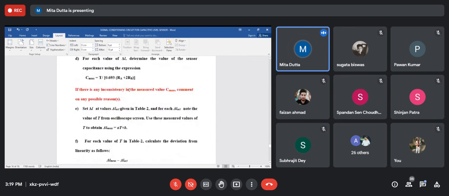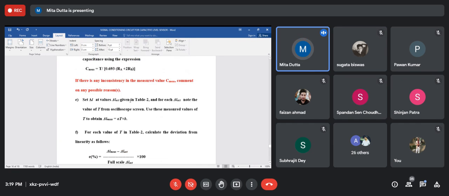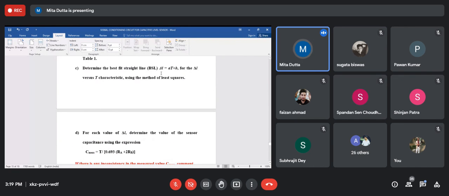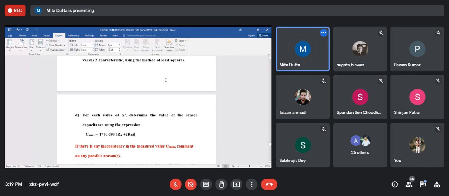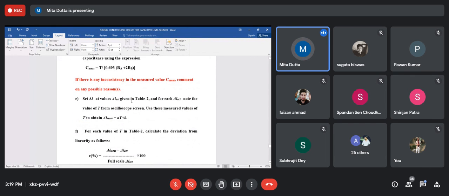This is from the set of del L values given in table 2, and for each del L actual, note the value of T. I have given this value of T, and use these measured values of T to obtain del L measured from AT plus B, because A and B you have obtained from here, and T for del L actual.